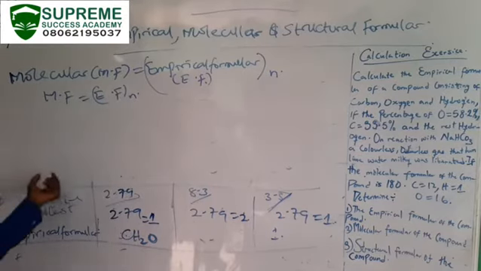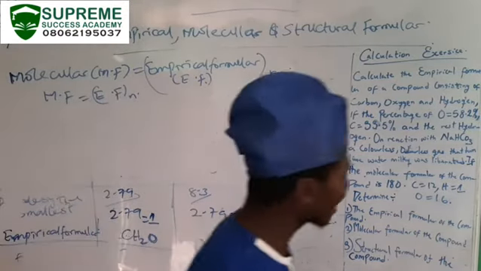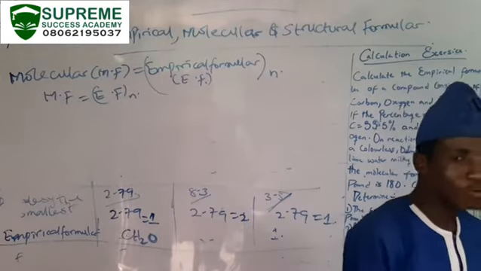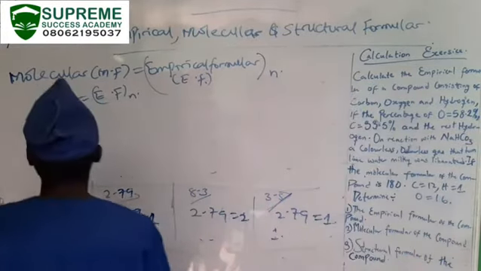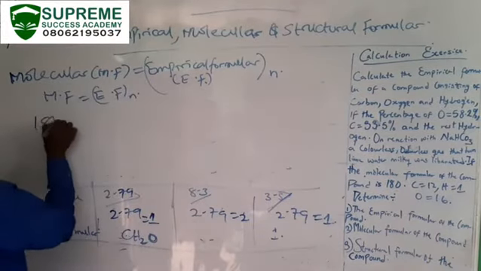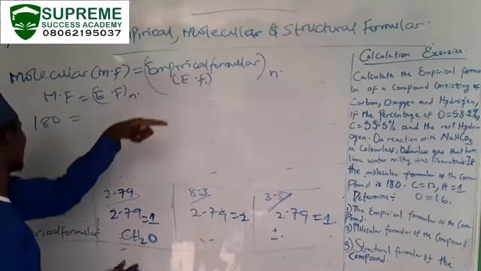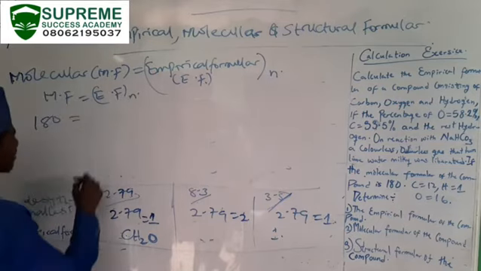To determine our molecular formula, we use the molecular mass. What is our molecular mass? We have a molecular mass of 180, which is equal to the empirical mass times N.